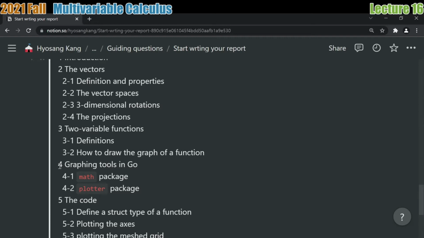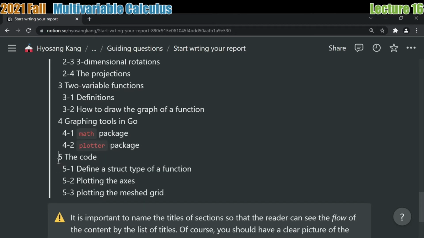So you can add more on the basic Go programming, or I'm assuming that people are already familiar with that. So I gave some sections about the math package and plotter package that we're going to use in the code. So the last part, 5, is the result, basically, right?